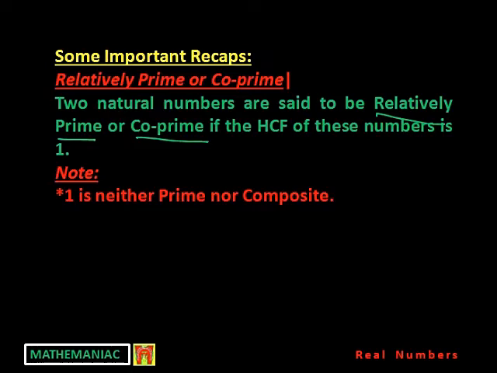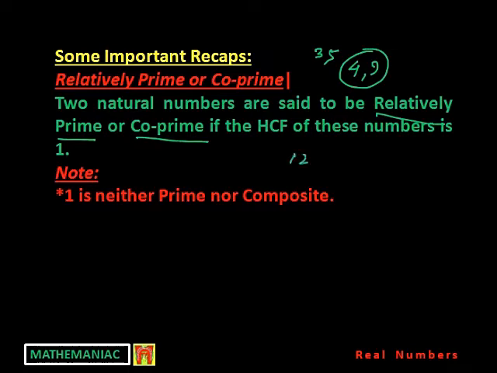Their HCF should be only 1. Any two prime numbers will obviously be co-prime, but even composite numbers may be co-prime. Say 4 and 9, they are composite numbers, and they are co-prime. Am I clear to you?